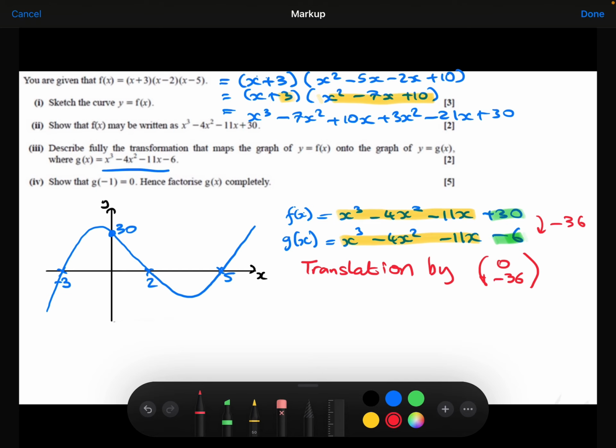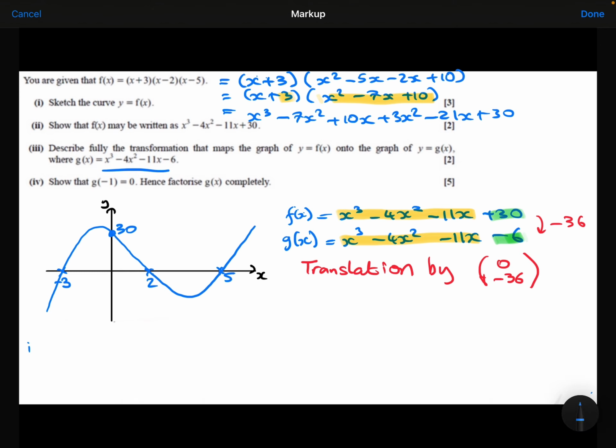And then part IV, we need to show that g(−1) is equal to 0. So let's do that. Let's substitute minus 1 into the g function.